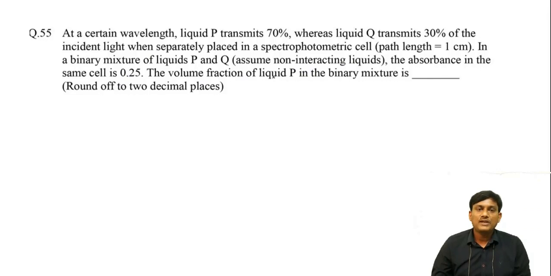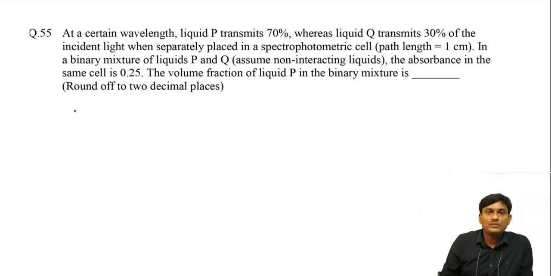The volume fraction of liquid P in the binary mixture is. Okay, here you have to find out the absorbance of P and Q. We know that A is equal to minus log T, T is the transmittance. When it is in percentage, it is minus log of T by 100.